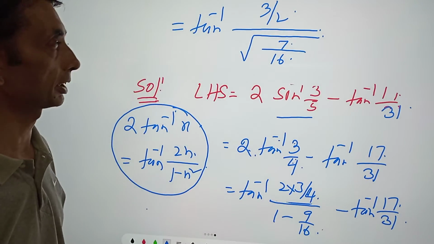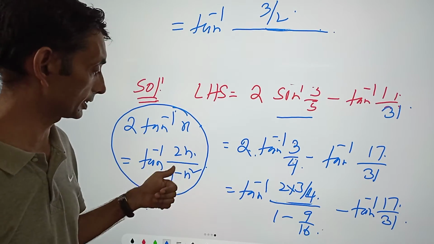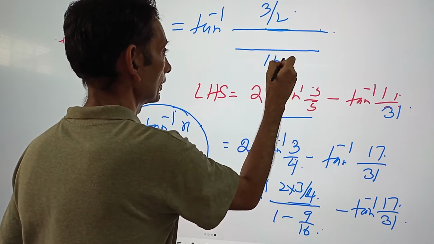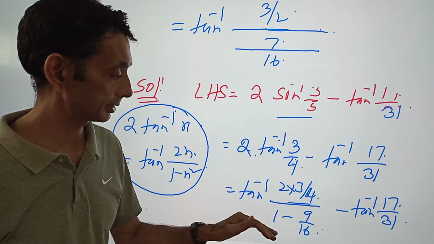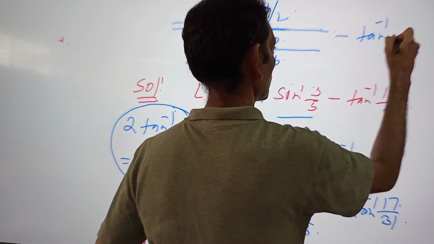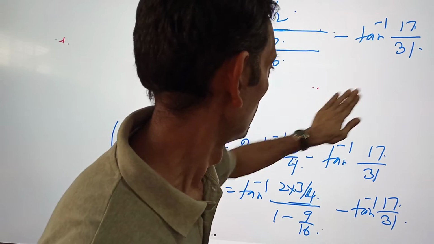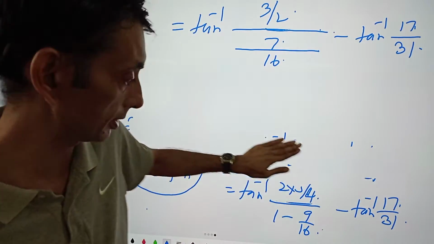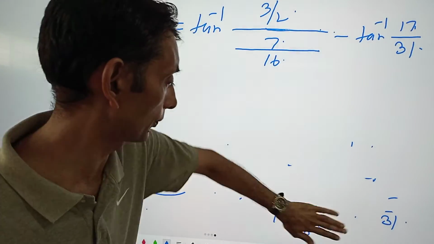In fact, the square root is not required, because it is 2x by 1 minus x squared. So this gives us 16 and 7. So this will be 3 by 2 by 7 by 16, then minus tan inverse 17 by 31. In this place, initially I had written 2x under root 1 minus x squared, which is wrong. So we have to use the correct formula.